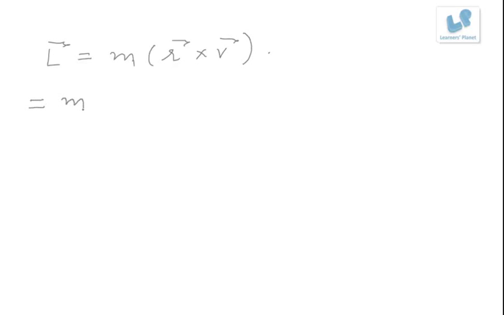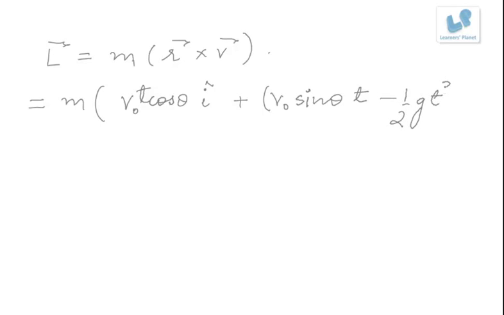So m into r, what is r? r is v naught t cos theta i cap plus v naught sin theta t minus half gt square j cap.